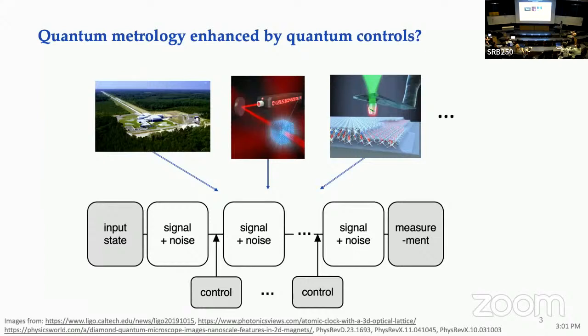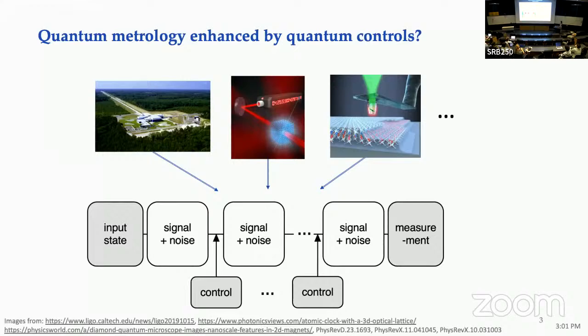Instead, what you can control is how to generate an input state, which is the state preparation part, and what kind of measurement you perform in your quantum system. And finally, what kind of quantum control you apply during the evolution of the system. So basically, you try to control these three parts in order to maximize the sensitivity with respect to your quantum signal.